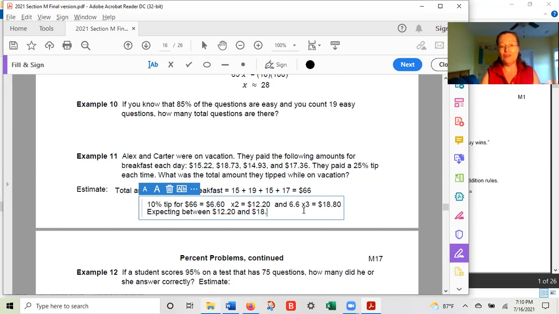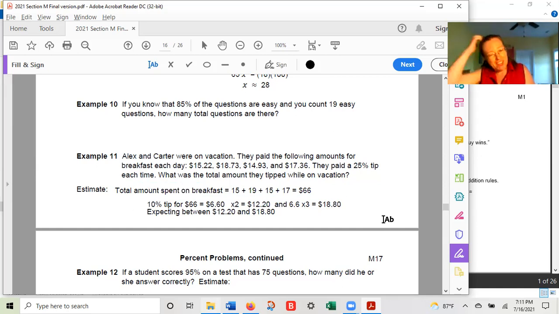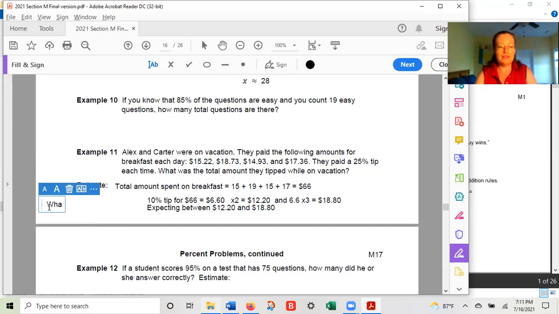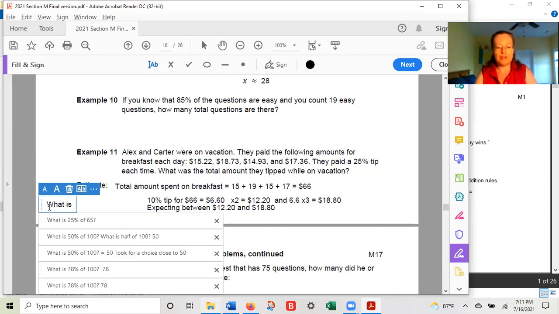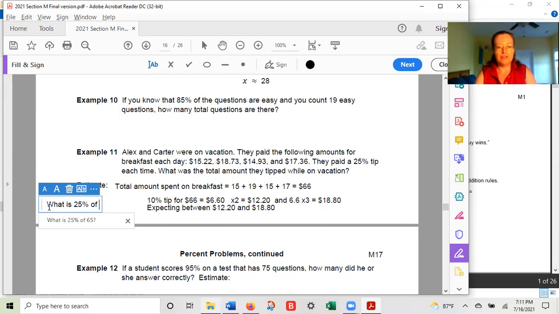Now, I've got to be honest with you. This might have been faster to work with $70 and figuring out what 25% of that is. But let's face it, with the direct translation method, this comes out pretty quickly. What would this one be if we use the direct translation method? I want to still work with the 66. What is 25% of, I did $66.